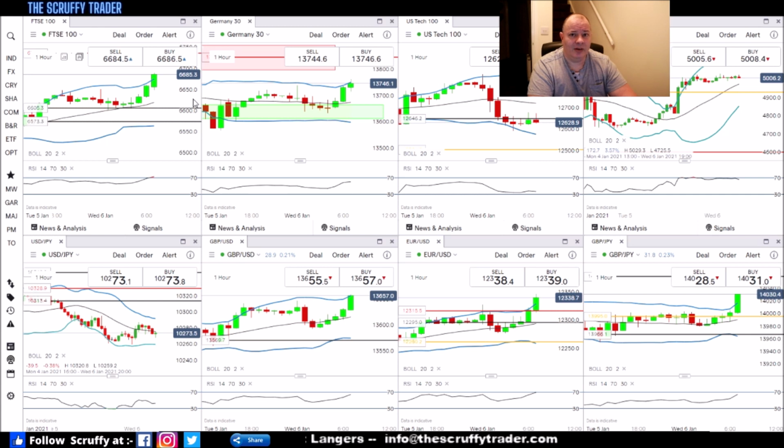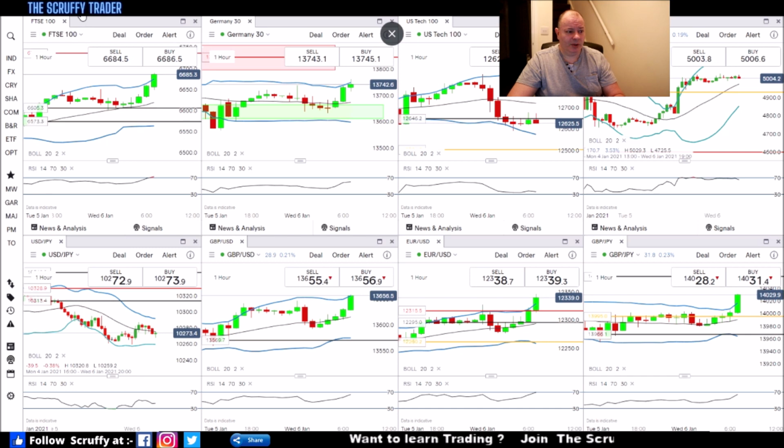And this is sort of where I look at my indices and the stocks, the commodities, ETFs, whatever it is that I fancy. And I will keep an eye on this, because one of these 8 usually brings a signal at least once a day.